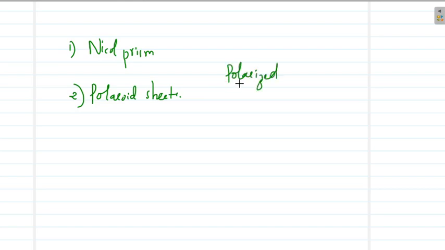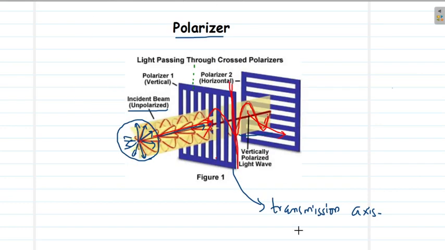Inside these crystals and inside a Polaroid sheet, we have a specific axis called the transmission axis, and only the electric field components that are parallel to the transmission axis will be able to pass through this polarizer. As a result, we will be able to produce linearly polarized light through this method.